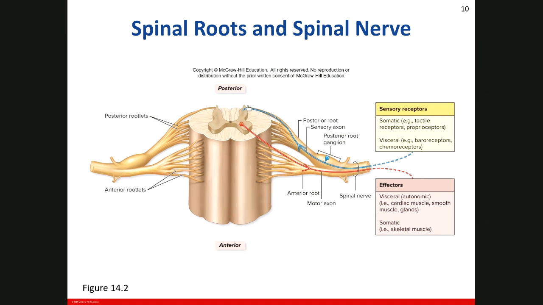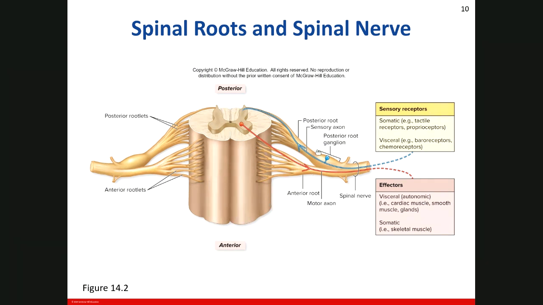Then the integration takes place in the gray matter of your spinal cord. Decision making takes place here, and the command of your spinal cord goes out of the spinal cord by this red line. This red line here is called the anterior root, and the anterior root is only composed of motor axons. So the sensory axons come to the posterior, and the motor axons come out of your ventral horn.